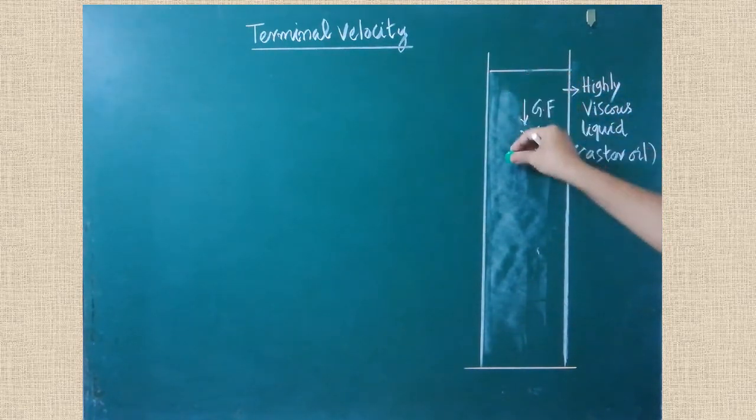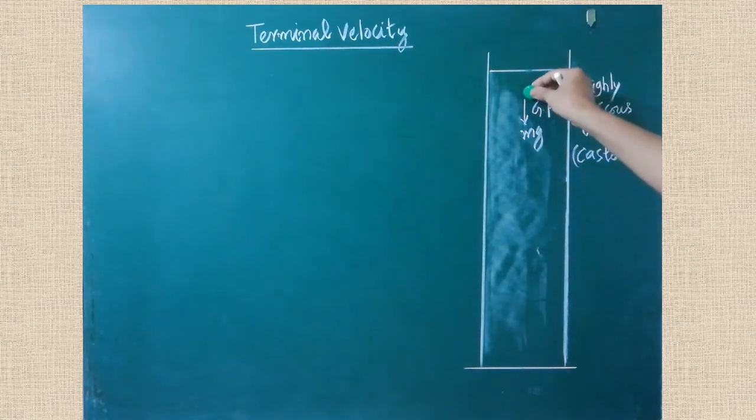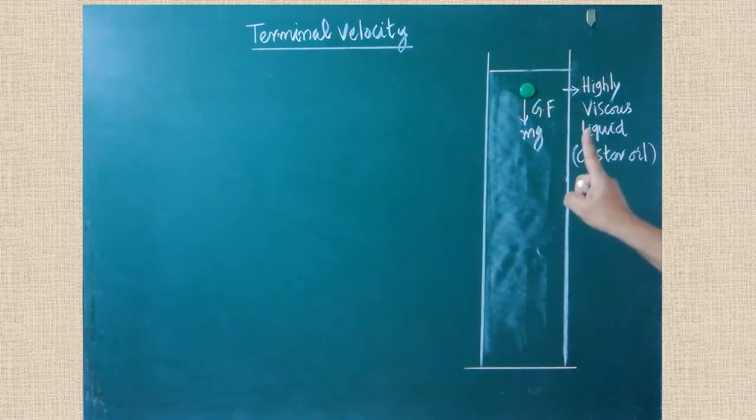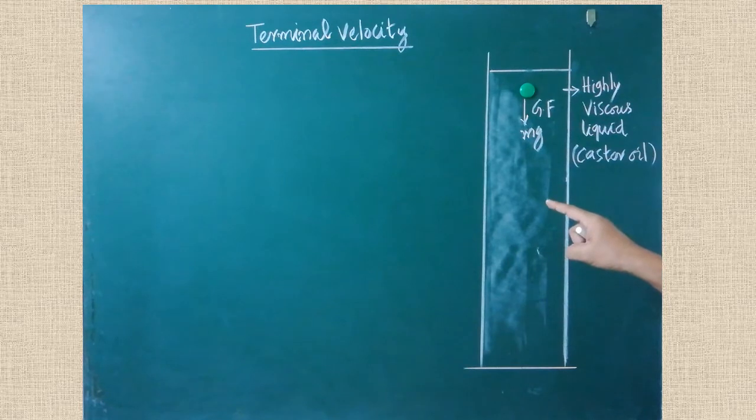When it is coming down, upthrust will be acting on the metallic sphere. Upthrust means there is an upward force acting on the metallic sphere, and that upthrust is due to the liquid.